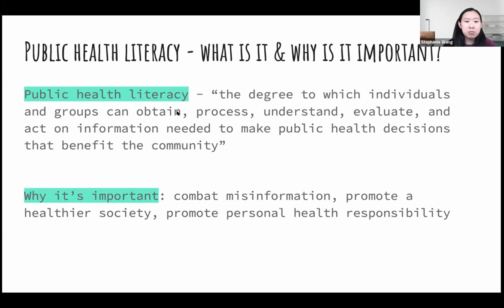So basically making responsible choices because you're educated in public health. That is the fundamental essence of public health literacy. And as you can probably figure out, public health literacy is rooted in a very solid education. In order to have a population with high levels of public health literacy, that population needs to be highly educated in public health matters and in epidemiology matters.